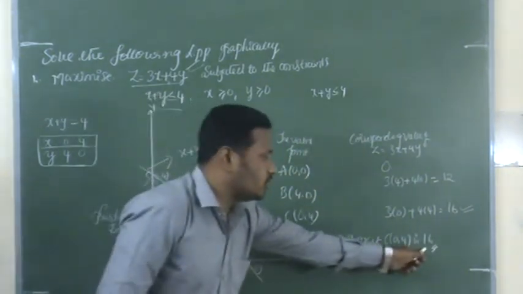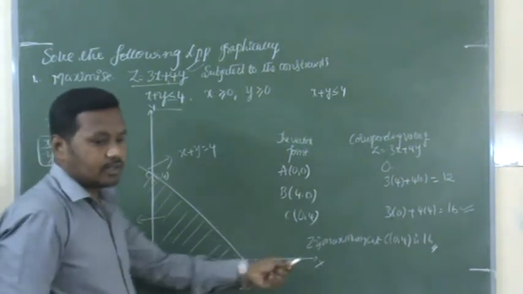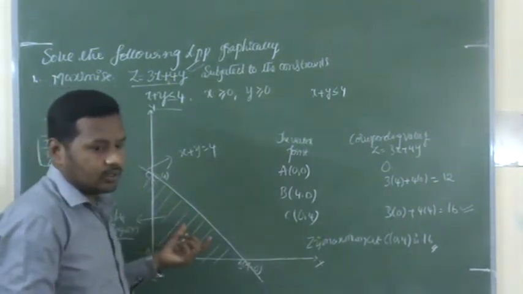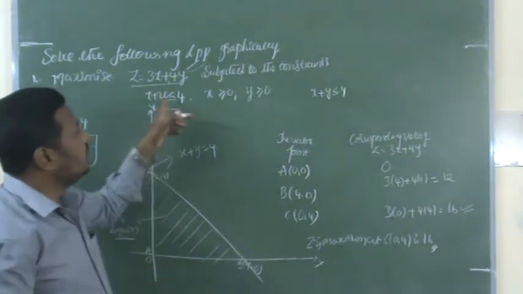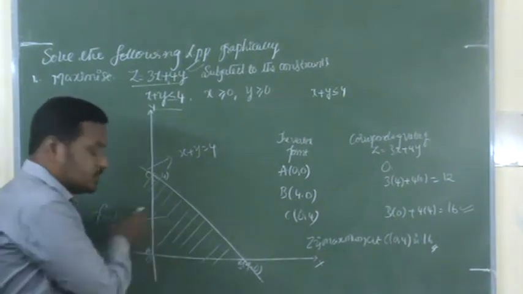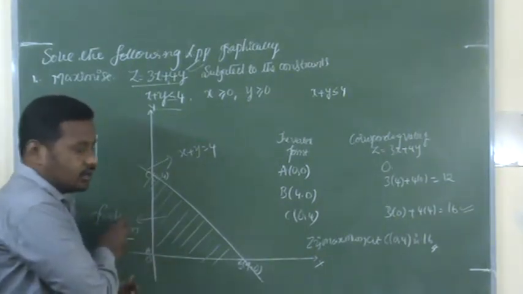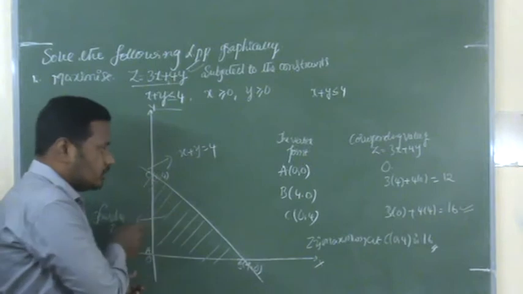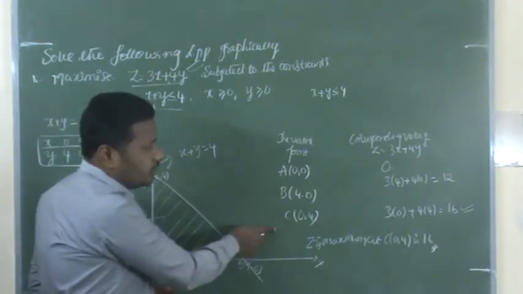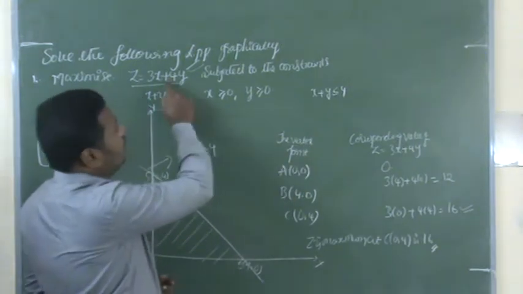This is the first problem, a very simple problem. First convert the inequation into an equation and plot the graph. Find the feasible region and find the corner points, then substitute them into the objective function.